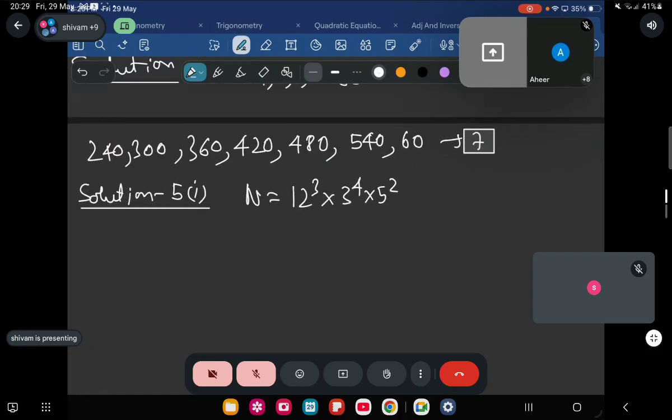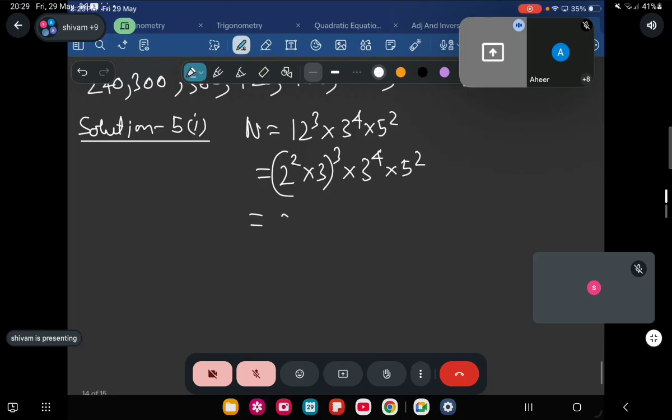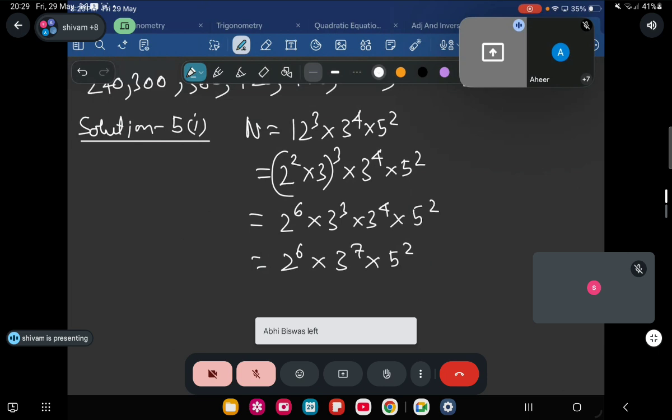So first of all, we have to prime factorize it, right? 12 cube means what? 2 square into 3 whole cube multiplied by 3 to the power 4 multiplied by 5 square. This will be equal to 2 to the power 6 multiplied by 3 cube multiplied by 3 to the power 4 multiplied by 5 square. This will be 2 to the power 6 into 3 to the power 7 multiplied by 5 square.